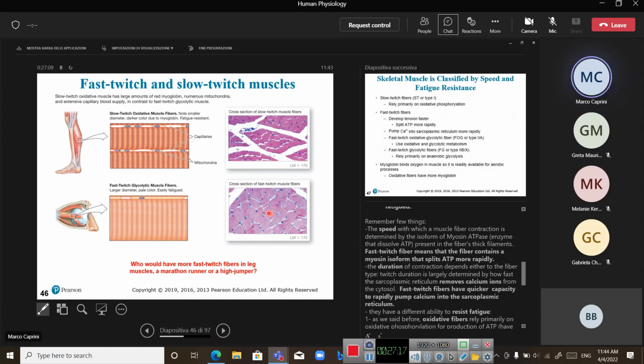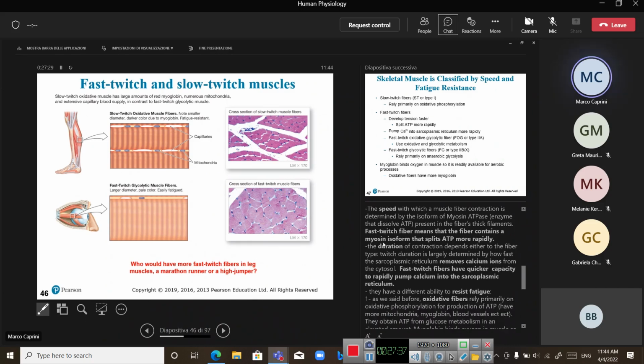Because it's faster, we need to remove the calcium rapidly, so the fast twitch fibers rapidly pump the calcium ions into the sarcoplasmic reticulum.